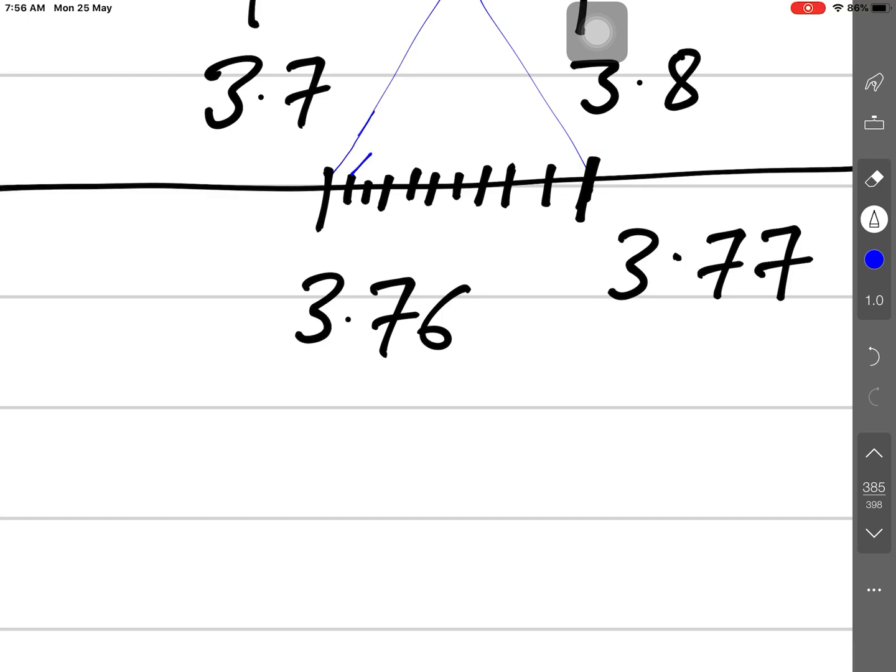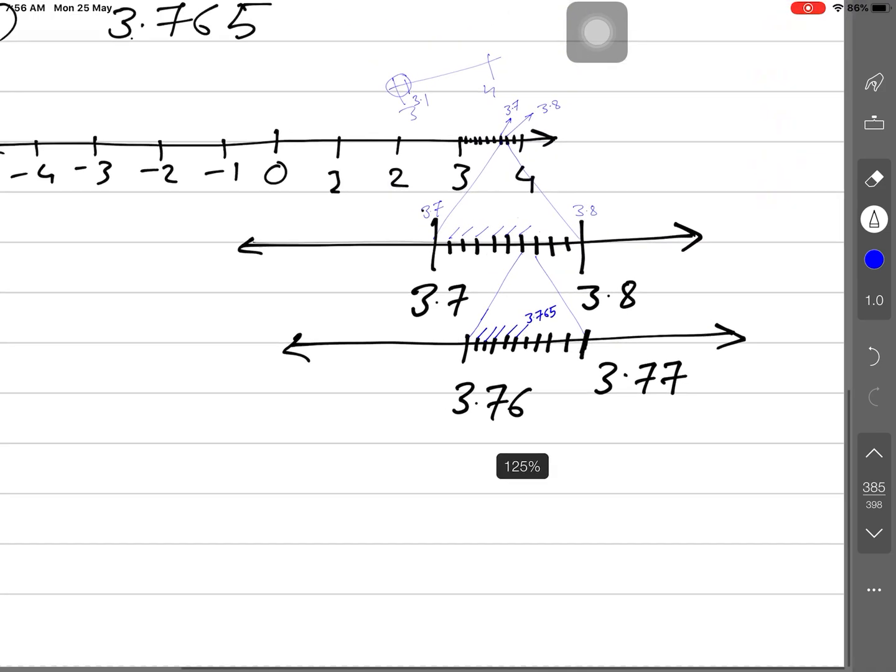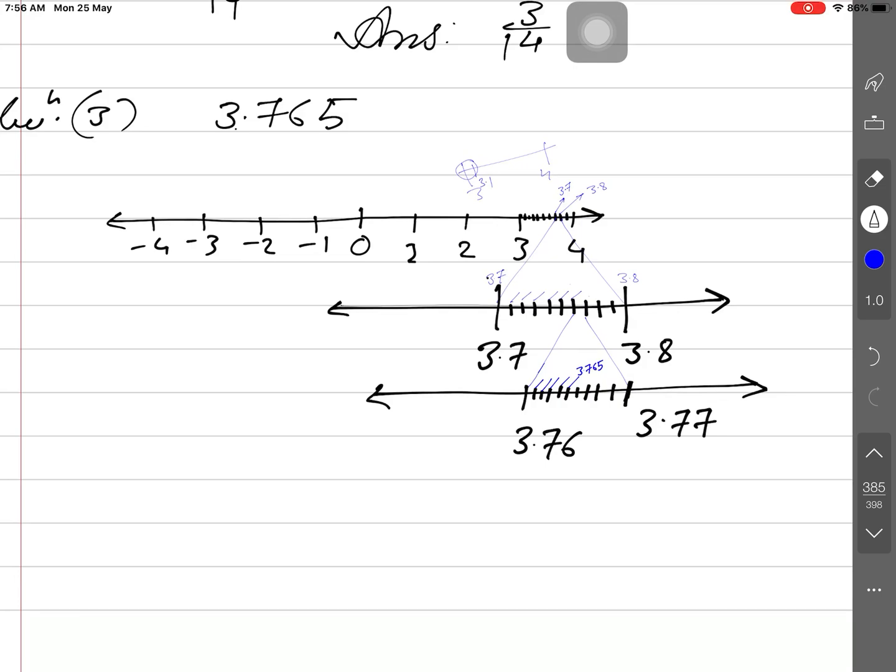This is 3.761, 3.762, 3.763, 3.764, 3.765. This is 3.765. Well, understood or not here? So you have represented the number.